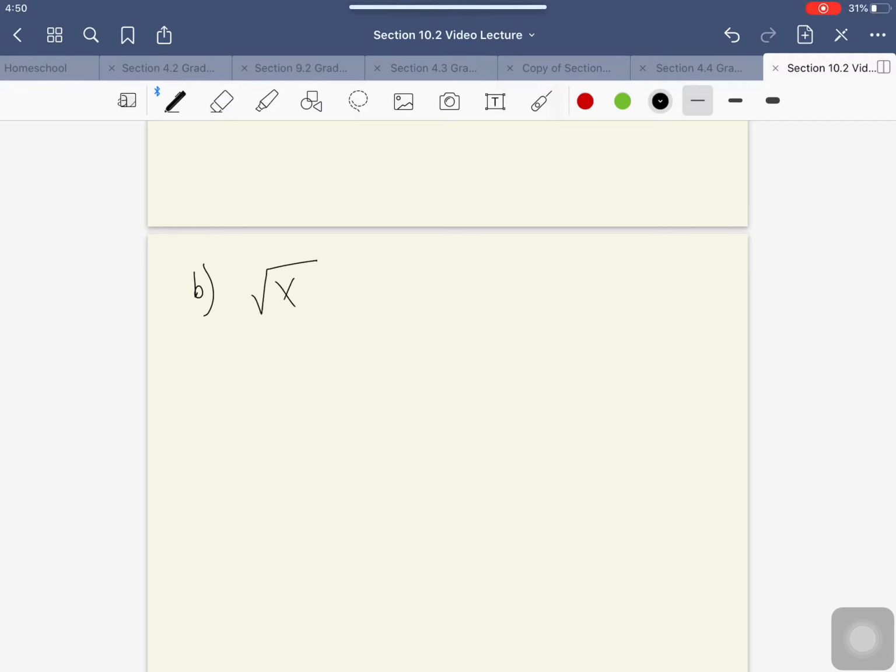All right, the square root of x cubed over the cube root of x squared. First, rewrite them as exponentials. So that would be x to the 3/2, because that's the square root, over x to the 2/3. This is division, so you would subtract your exponents.